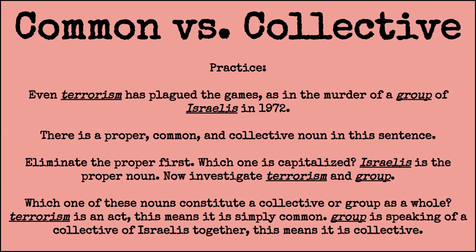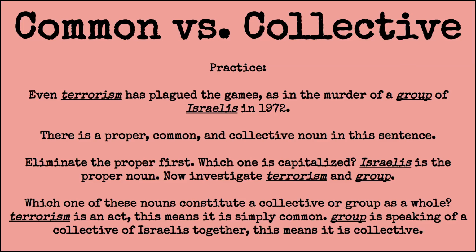My suggestion to you would be, if there's a proper noun in a sentence, eliminate the proper noun first, because there's one very clear telling characteristic of a proper noun, and that is that it's capitalized. So which of those three words, terrorism, group, and Israelis, is capitalized? Well, of course, we see that Israelis is capitalized, which means that's my proper noun. I've eliminated that one. Now I know all I have left is terrorism and group.